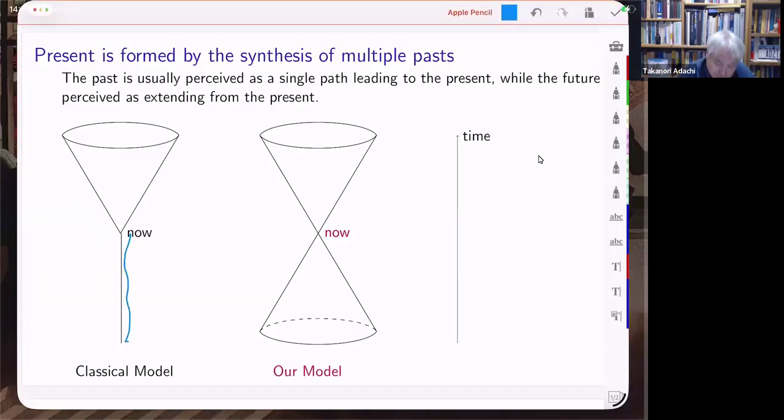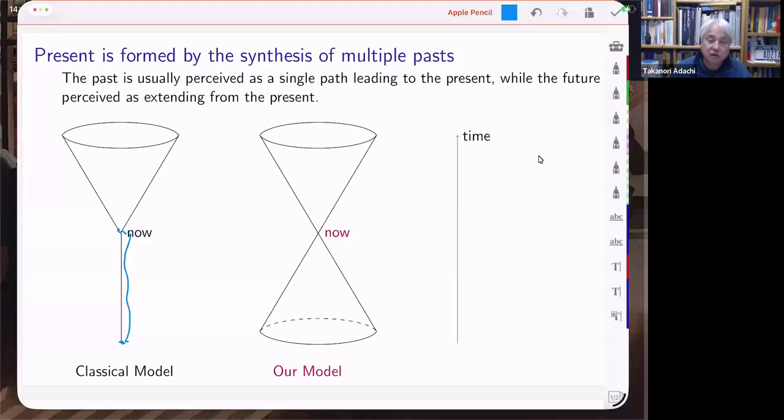From this birth point, we are here. This is our usual feeling about our past. And then from now on, we are expecting the future to expand toward the uncertain future. This is our usual image.